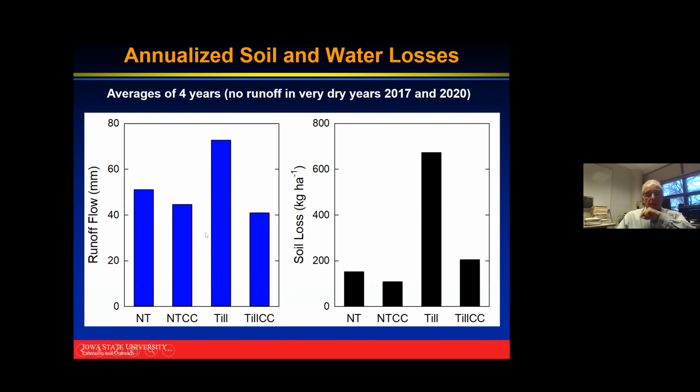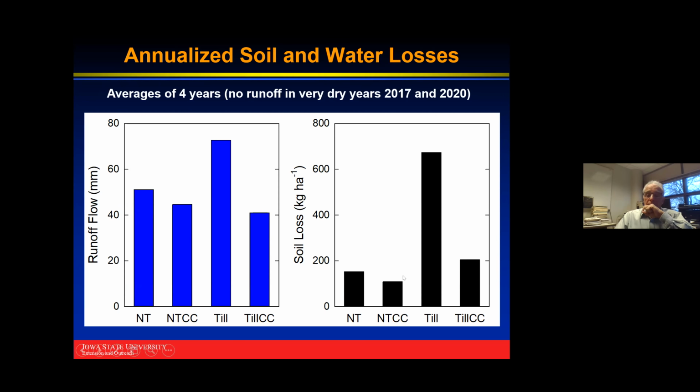And we can see that, I don't have the little letters for statistics, but the major difference is that with no till, we have the largest runoff flow, okay? With no till, there was no difference, but with the cover crop, it really reduced a lot the flow, okay?